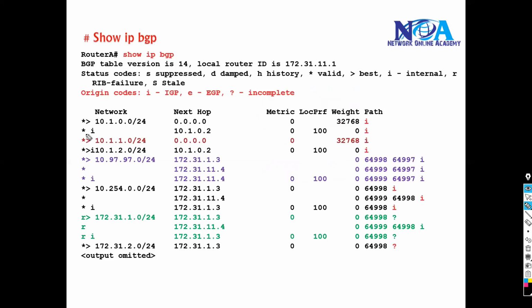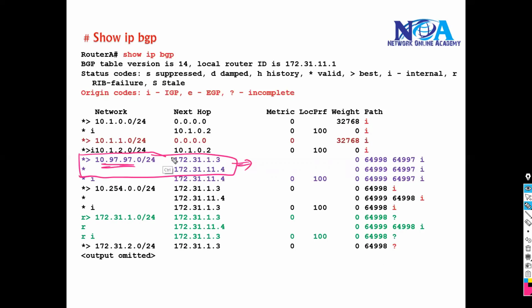One more thing you will see is something called a star. This star represents a valid route. Normally you will see a star for all the routes, and any one of the routes will have the greater than symbol. This greater than symbol represents the best route. Let's say there are two possible routes to reach the 10.99.97 network.